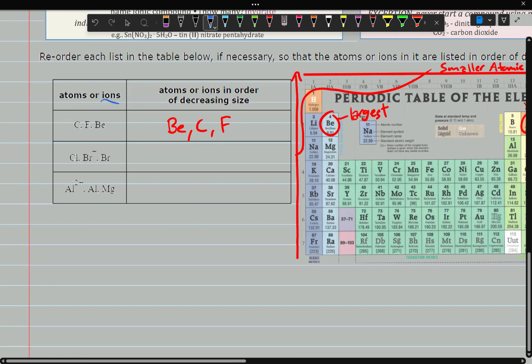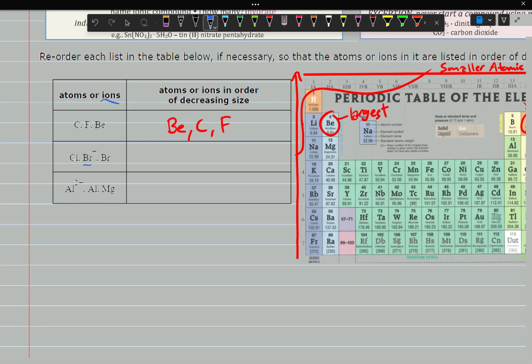However, we have an anion here. We have Br minus. So what does the minus mean? The minus means that compared to neutral bromine, there's an additional electron orbiting this atom, and when you have more electrons than neutral, you're going to have a negative charge of some sort.